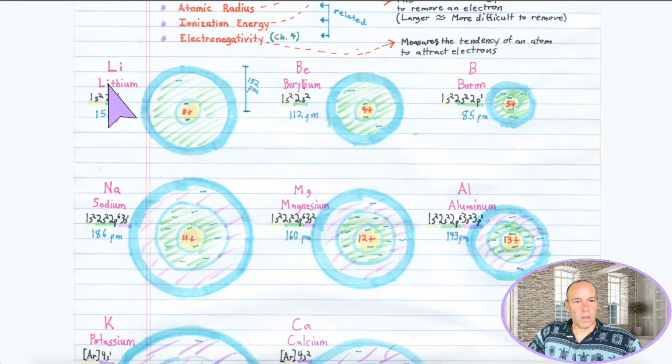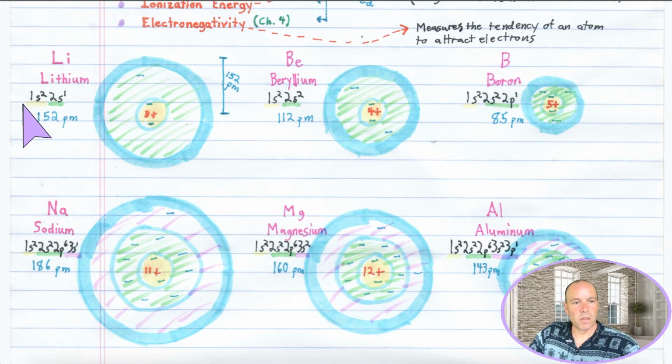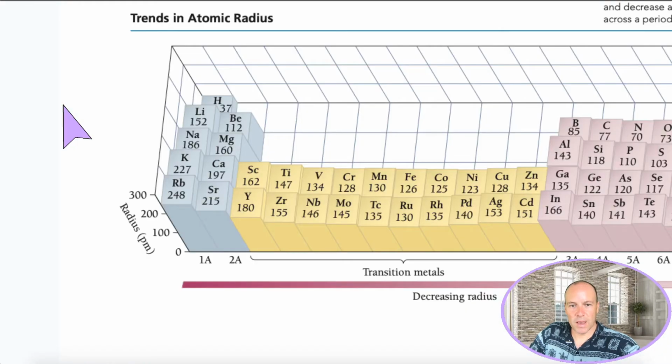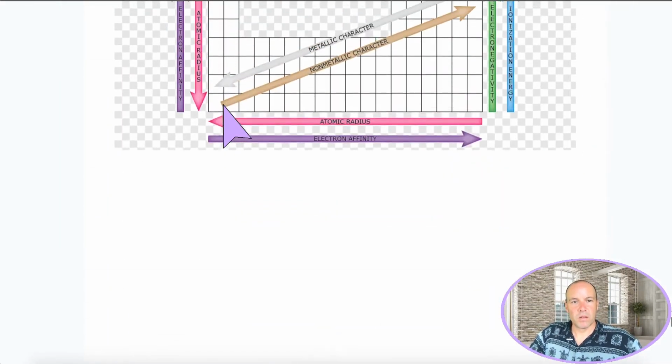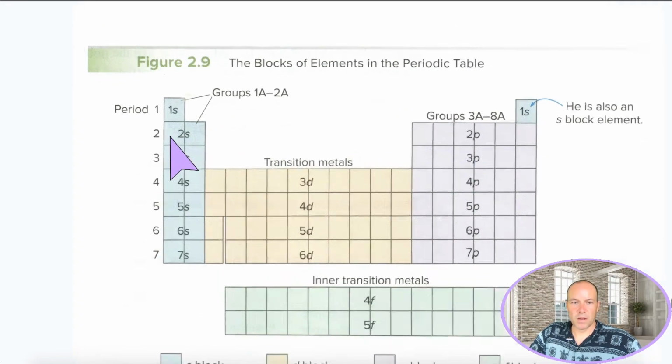And next to the element, I've written the electron configuration. So lithium is element number 3. Its electron configuration is 1s2, 2s1. I'll remind you how to get that. So lithium is right here.